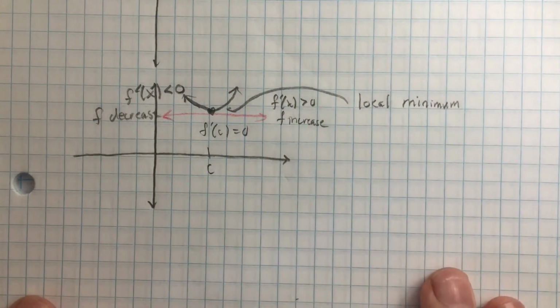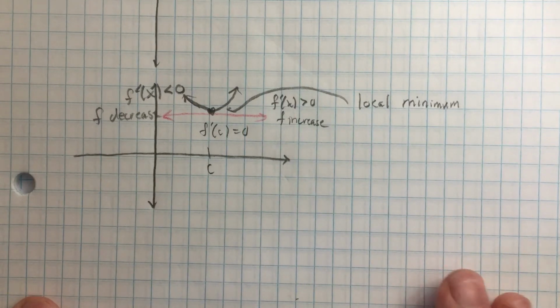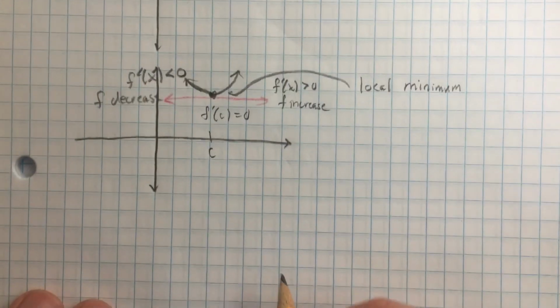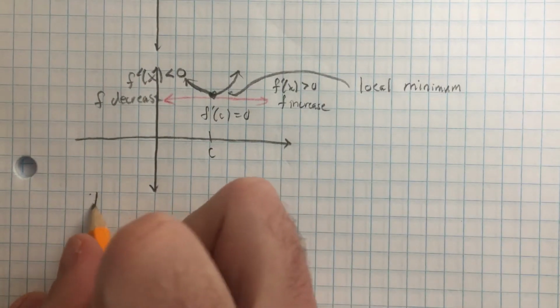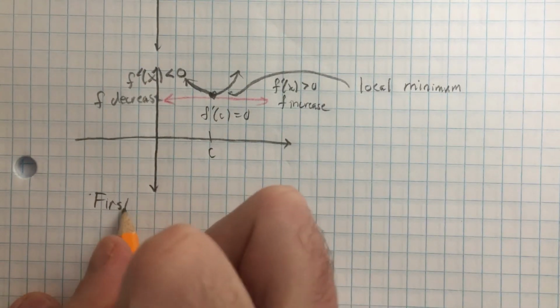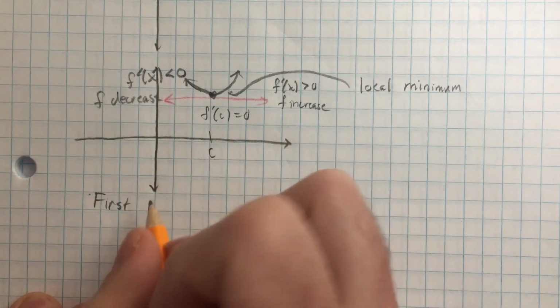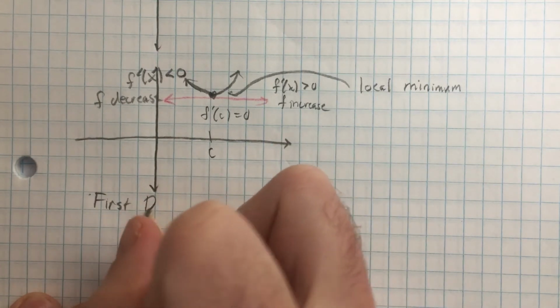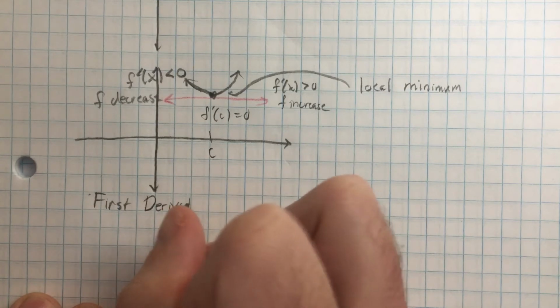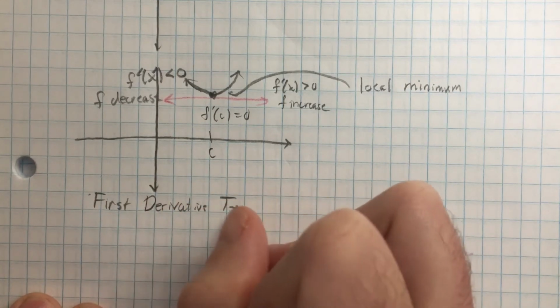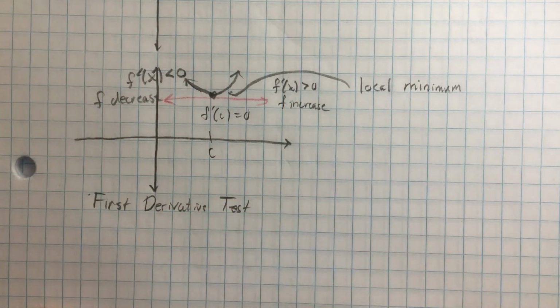So that is the basic geometry, the basic graphical interpretation of what's called the first derivative test, which is ubiquitous throughout the rest of this chapter now. It comes up quite often. First derivative test is basically this.